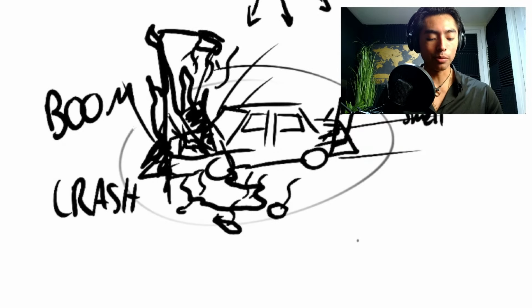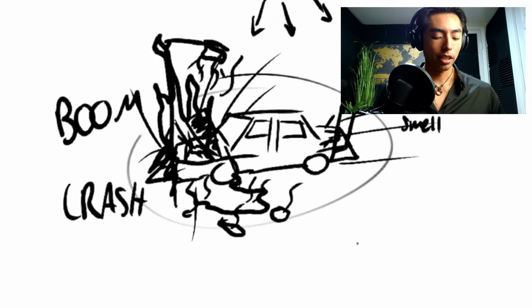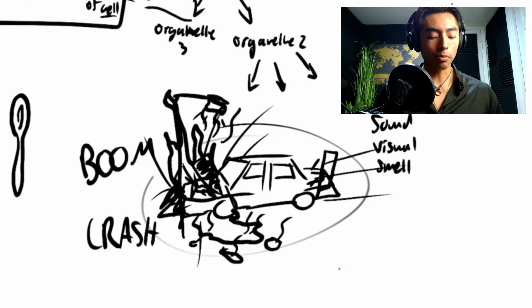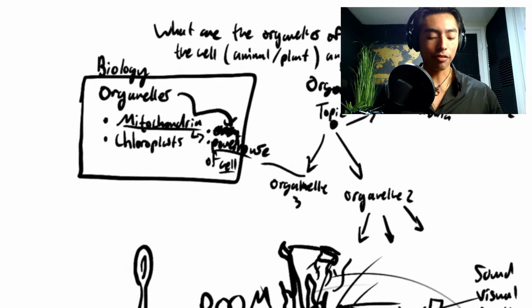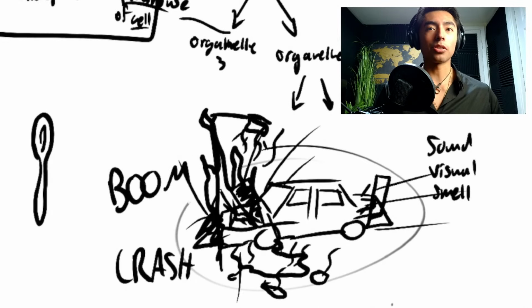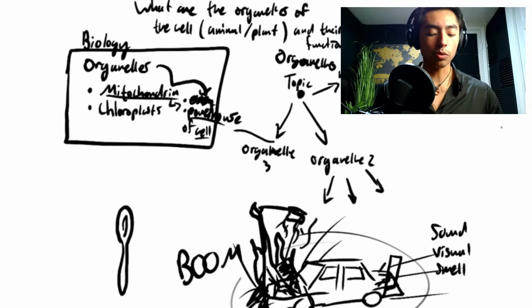Right now it goes boom, it explodes, and now I can also smell the gasoline and the smoke, right? That's a lot more senses, and it's going to be way easier to remember if you were to just think of this instead of these three words. This is much easier to remember, and so you can actually just take each one. You could do this for chloroplast too, and it's going to help you remember it a lot easier.